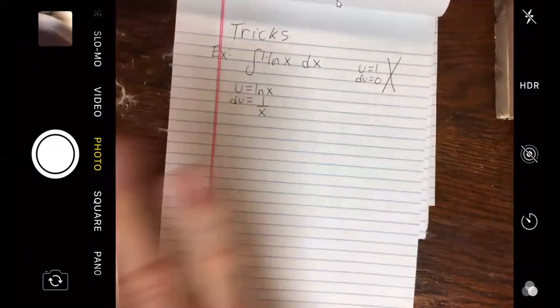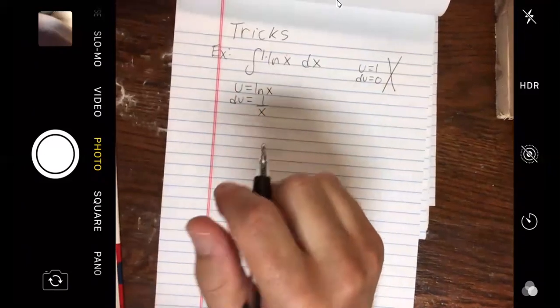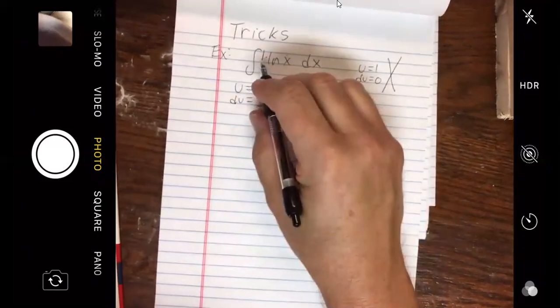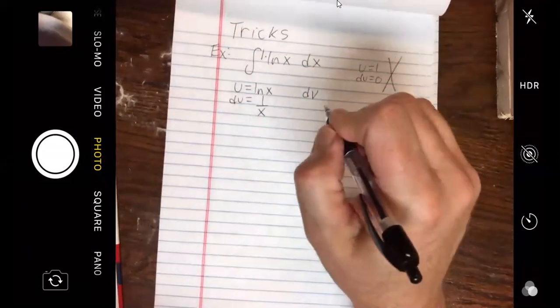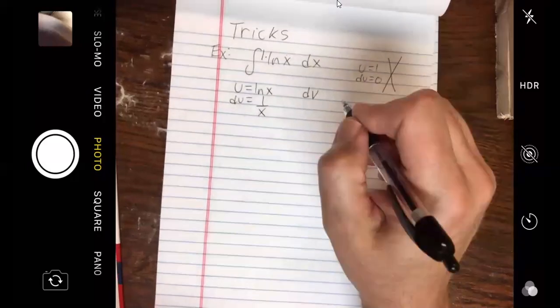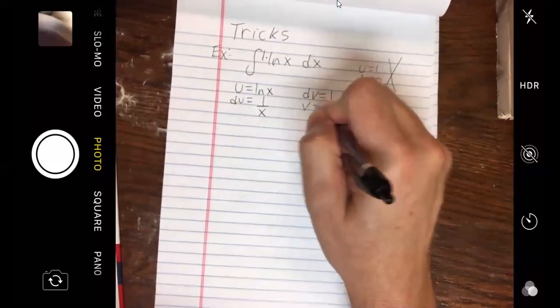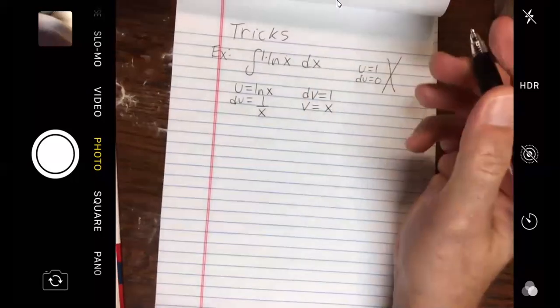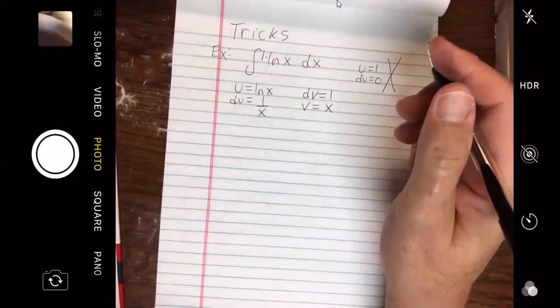Hope you all know your derivative rules. They're going to come back on you. So 1, it turns out, is an extremely simple polynomial, but it is a polynomial. Numbers are polynomials of degree 0. Your dv is 1. Antiderivative brings back the x. Questions about that?